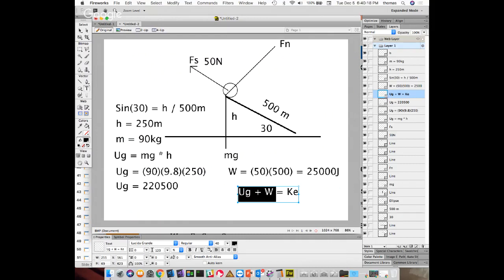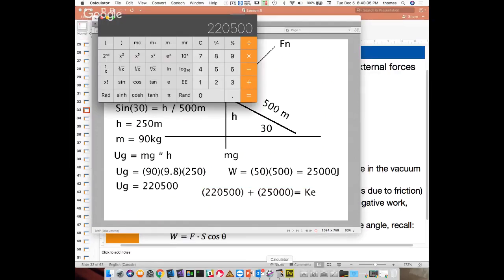So let's do that. We'll say that this is equal to 220,500, and then plus our 25,000, equal to this. Let's add that in. Plus 25,000.